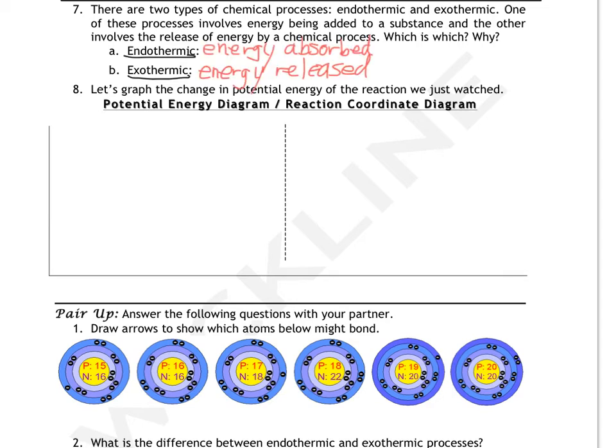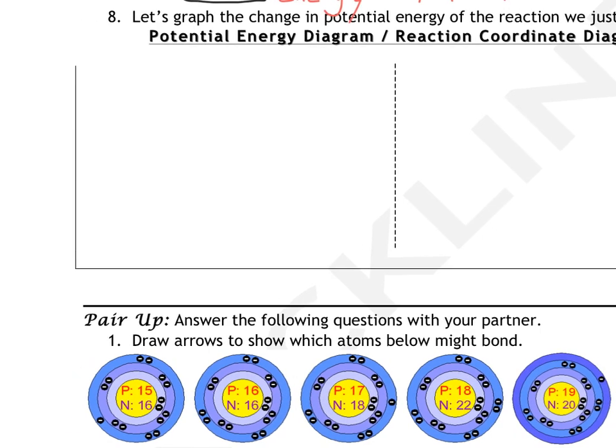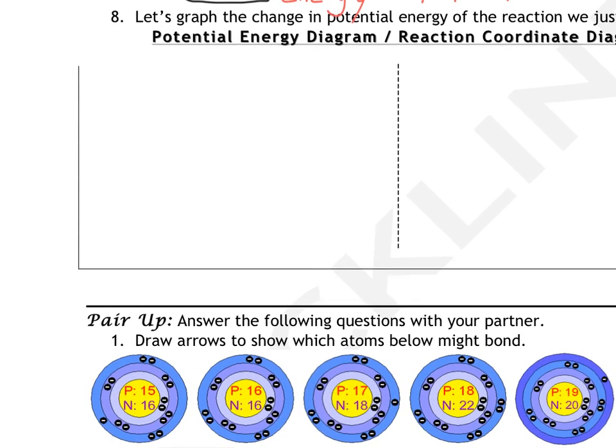All right, the last thing I want to cover in this video is the potential energy diagram that would cover an atom losing energy, just like we've been discussing. On the y-axis, we're going to have potential energy. On the x-axis, we can call it reaction coordinate, or we could call it time.